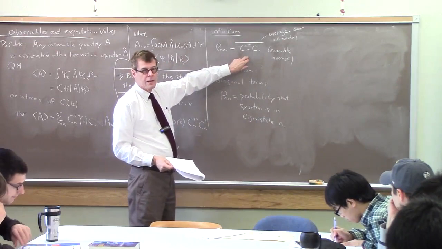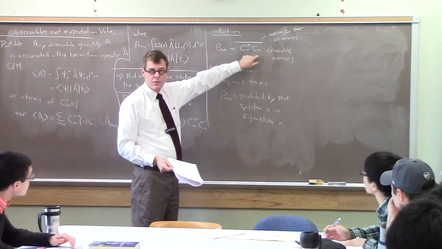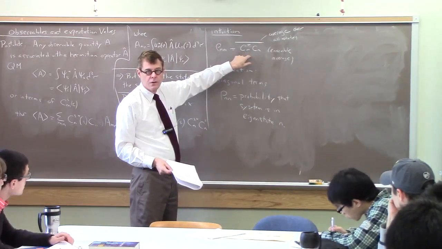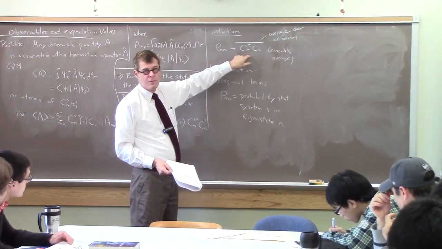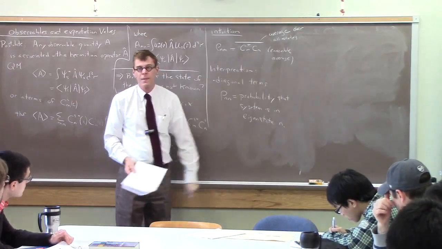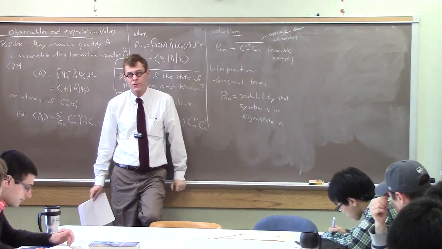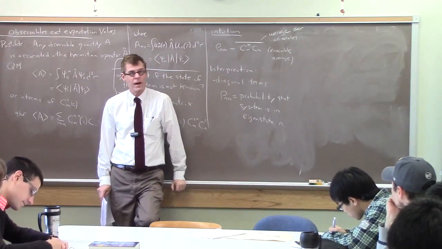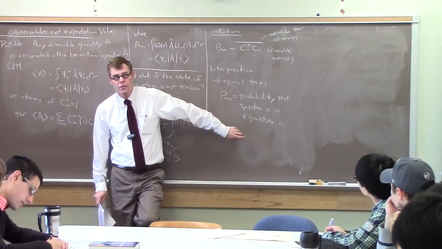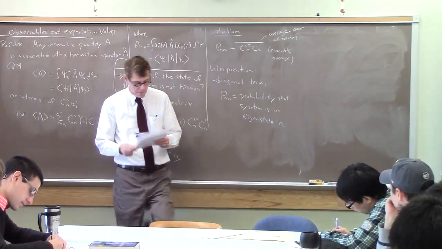The way you see that is that if you have the same subscript here and here, that's just the squared modulus of C sub n. C sub n was the probability amplitude to be in state n, so the squared modulus of that amplitude is the probability to be in state n.